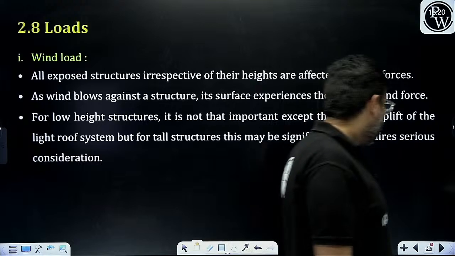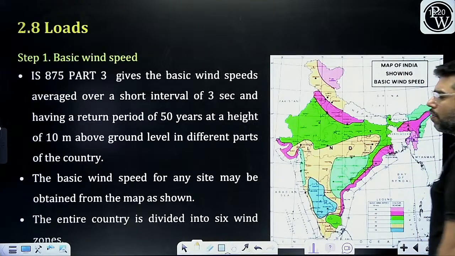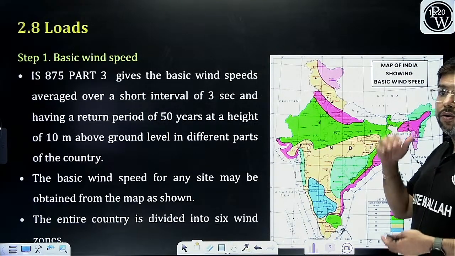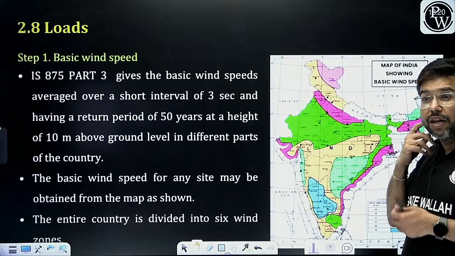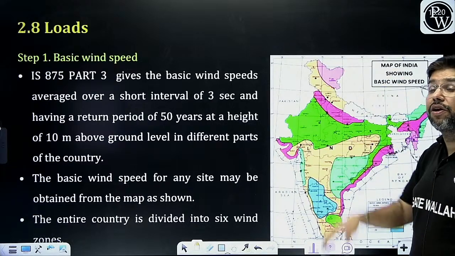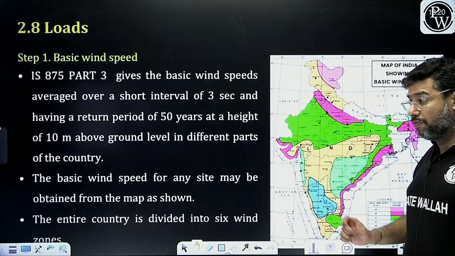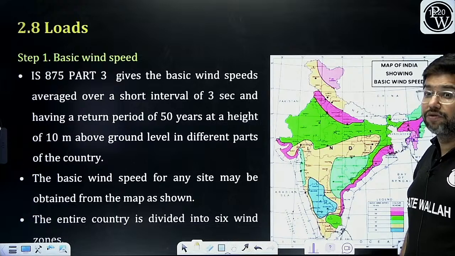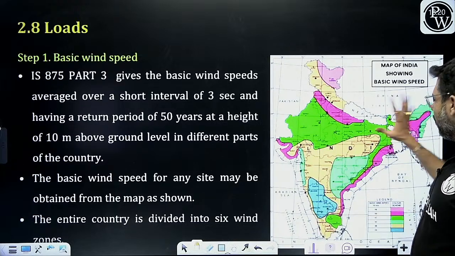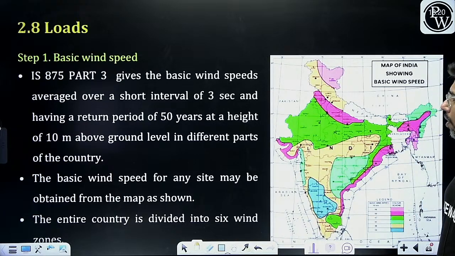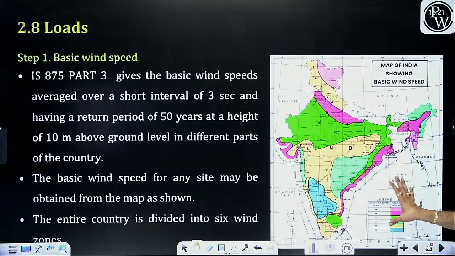For low height structures it is not important, but for structures which are large and having great height, there the wind load should be considered. So, here the whole of India is actually divided into 6 zones, and on the basis of these 6 zones some basic wind speed is given. This is given in the code.